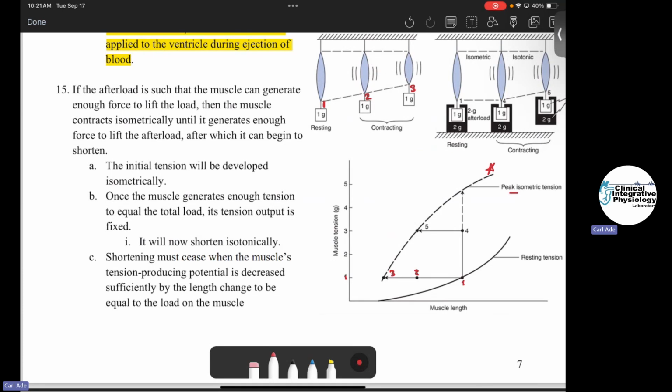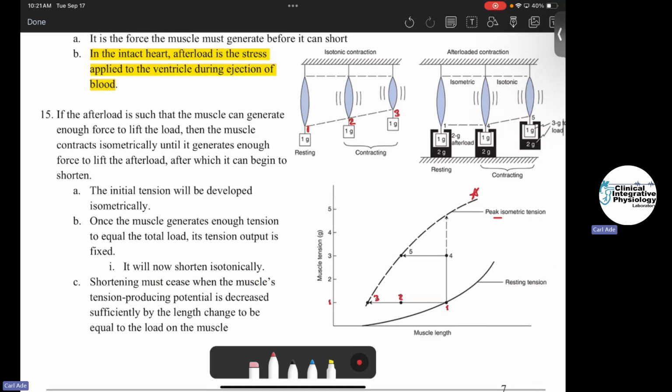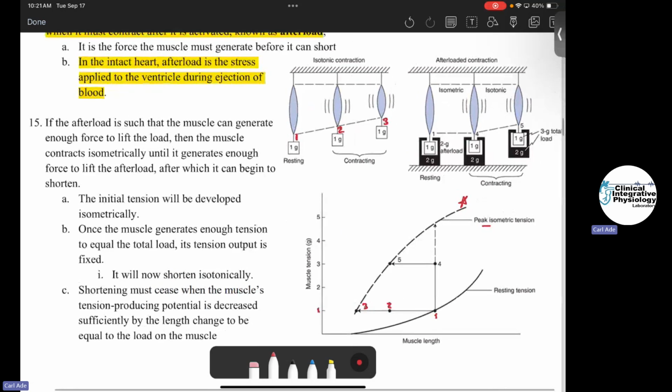If I put a little load on it, like it would in the intact body, I'm going to come up here. Let's use blue here. Here's point 1 again. I've still stretched it to right here.